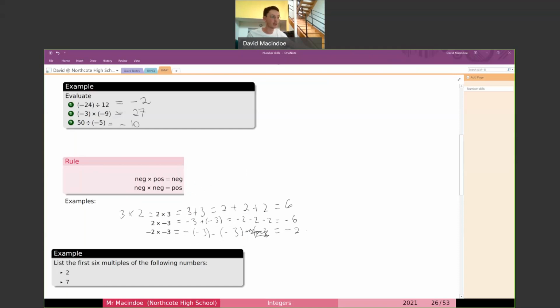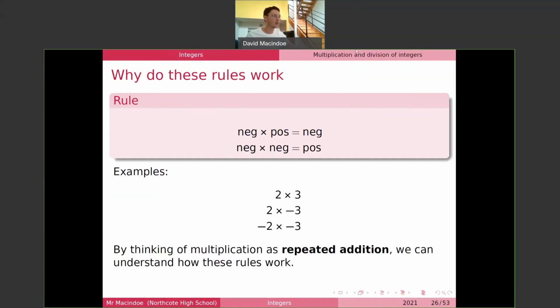So -2, take away -2, take away -2. Just putting them in brackets to avoid confusion with the negative sign and the subtraction. Anyway, if you do either of those, remember how if you're taking away a negative, like a minus sign and a negative sign, you get a plus sign, right? So you're really adding. So you end up with +6. So here we can see why if you've got two negatives multiplied together, you end up with a positive. All right, well, I hope that was helpful for you.